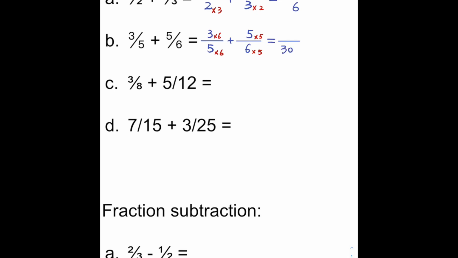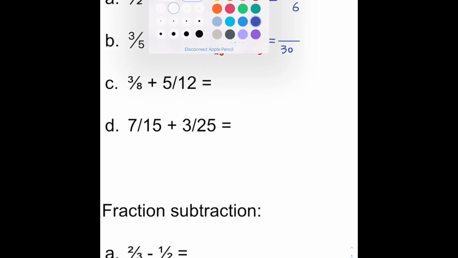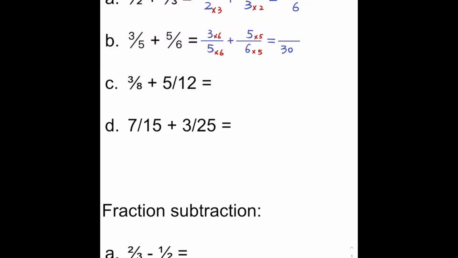And this one becomes, maybe I will use a red pen, 18, 25. So it becomes 43, and make it into mixed form, 1 and 13 over 30.